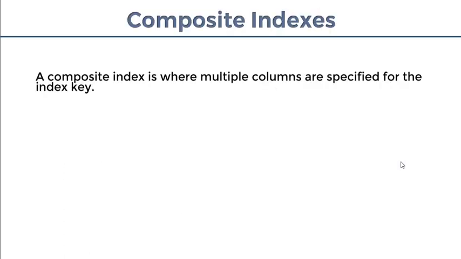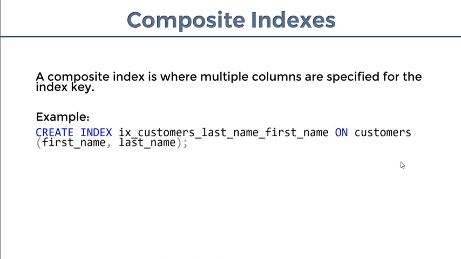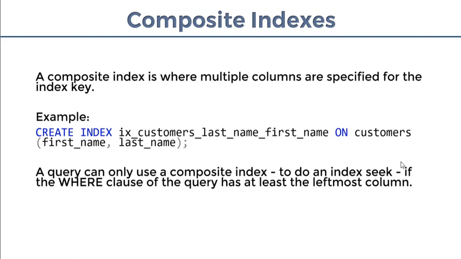A composite index is where multiple columns are specified for the index key, right? Here, create index on customers first name, last name. Multiple columns are specified for the index key. A query can only use a composite index to do an index seek if the where clause of the query has at least the leftmost column.